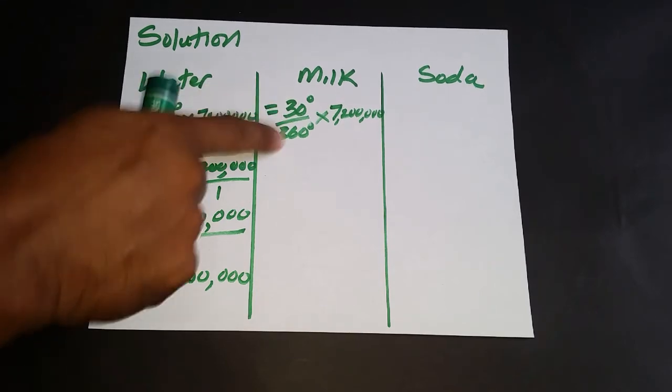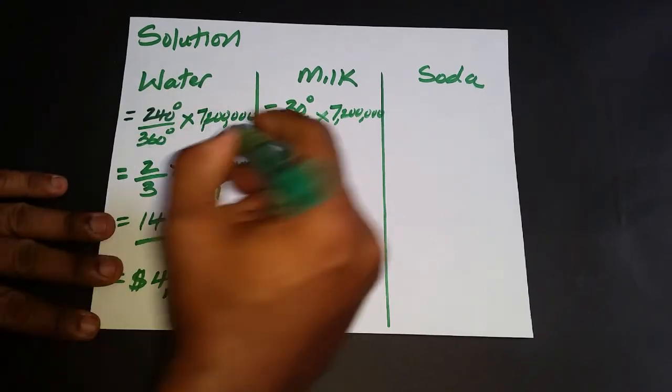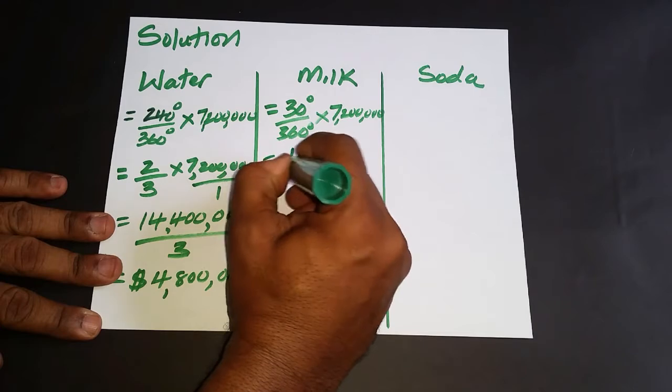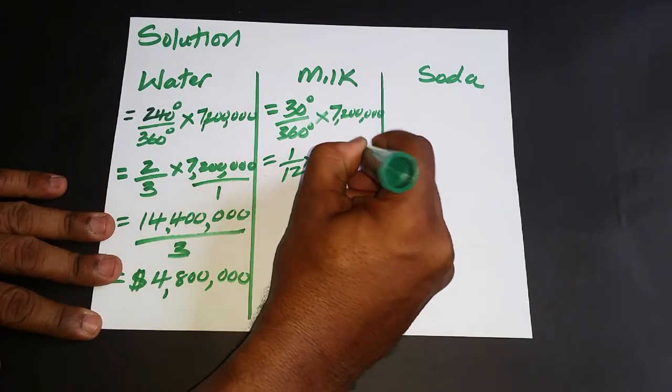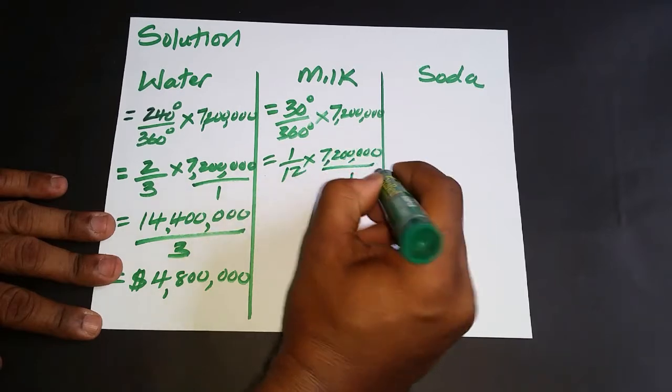All right, so we need to break down 30 degrees over 360. I think that is 1 over 12 times the 7,200,000, which is that over 1.